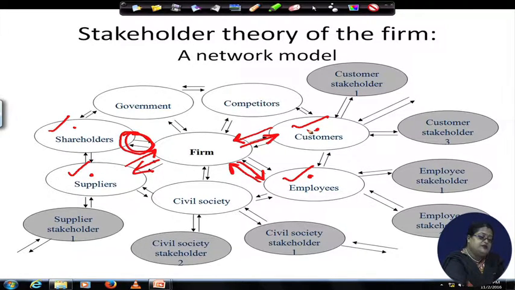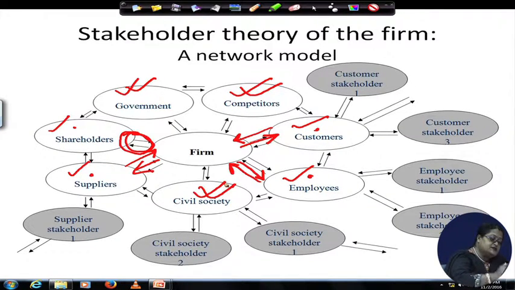But also there are certain stakeholders like government, the other competitors, the civil society at large, whom the firm may not visualize or interpret to be contributing directly to the firm's objective or performance, but they do definitely have an influential effect on how the firm is performing, in terms of facilitating or hindering the performance of the organization.